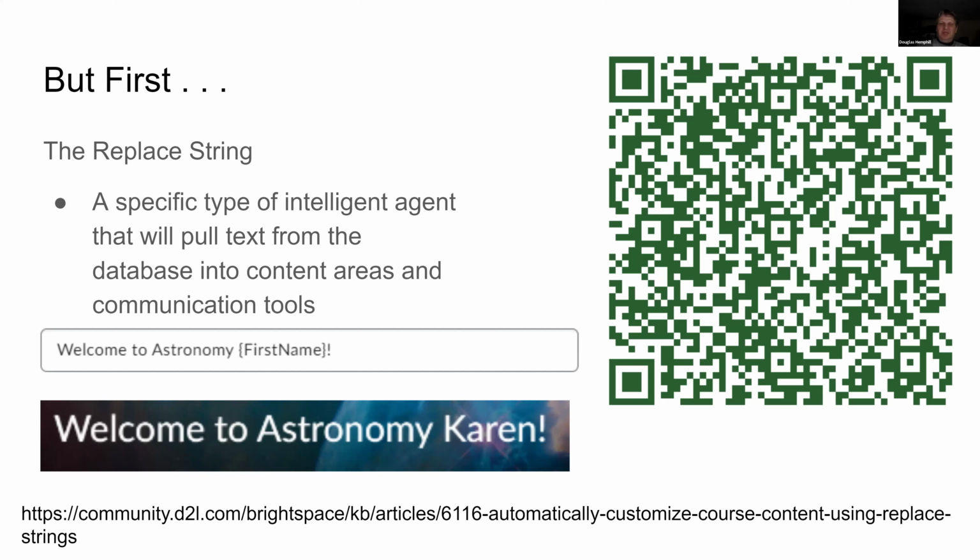Welcome to astronomy, Doug. Welcome to astronomy, Carrie." And that will be unique for each individual student. I would say the first name code that you see here is probably the most commonly used one, but you can see a list of all of these strings at the website that is linked.